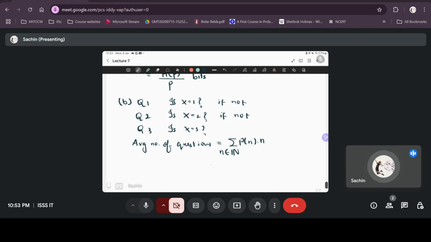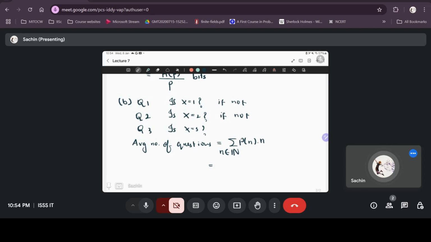And the probability that n is 1 is, so you need to ask only one question if the first toss is a heads, and you need to ask two questions if the second toss is a heads and the first toss is a tail, which occurs with probability half squared.